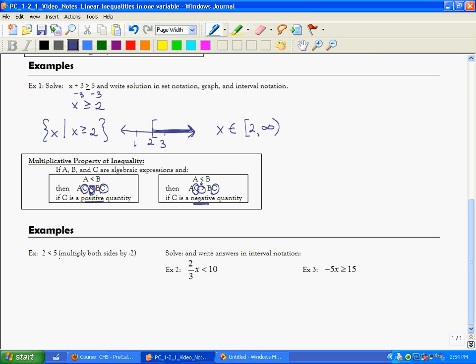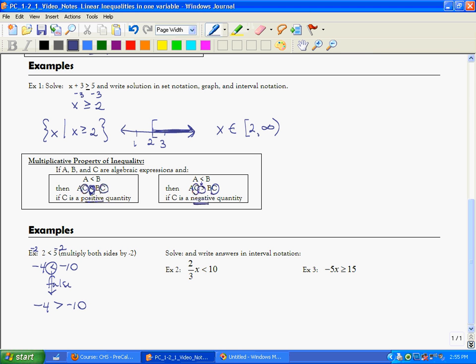For example, if you have the statement 2 is less than 5, and let's just say we multiply both sides by negative 2, then negative 2 times 2 is negative 4, and 5 times negative 2 is negative 10. And this statement, if we just left the inequality where it was, negative 4 is less than negative 10, is a false statement, which is why this inequality needs to flip over if you're multiplying or dividing by a negative, and then it's a true statement.